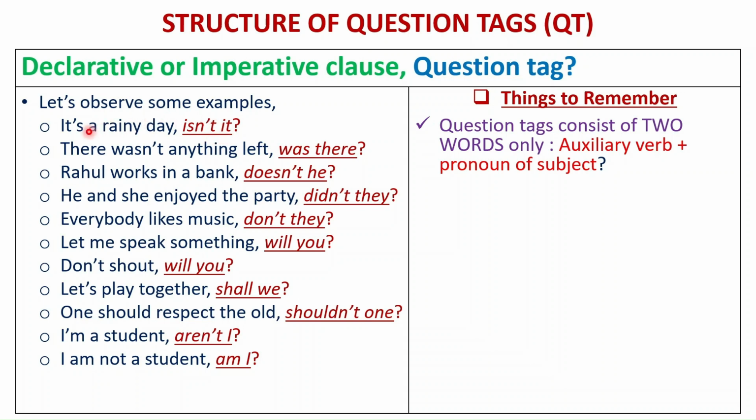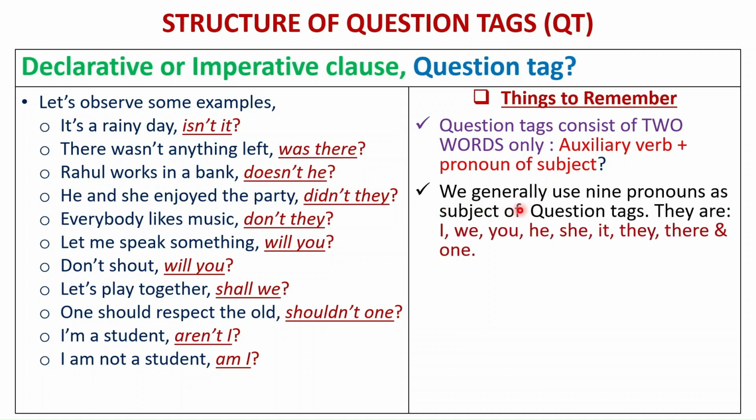If there is a pronoun in the statement or given clause, we should use the same pronoun in the question tag. But if there is not any pronoun given, then we have to convert that noun, that subject, into a pronoun in the question tag. Therefore, we cannot use three words or more than two words in question tags. The limit is only two words.